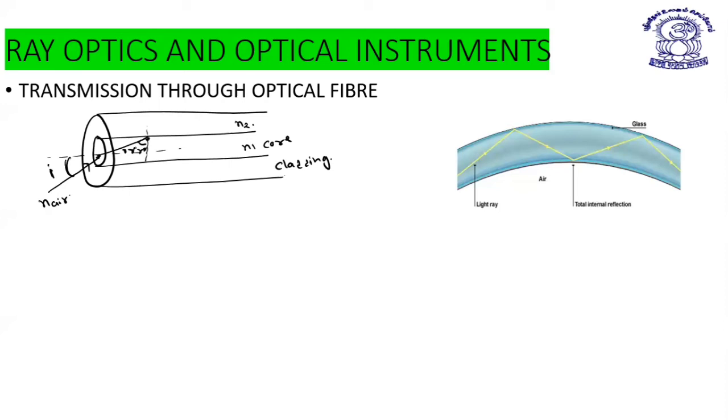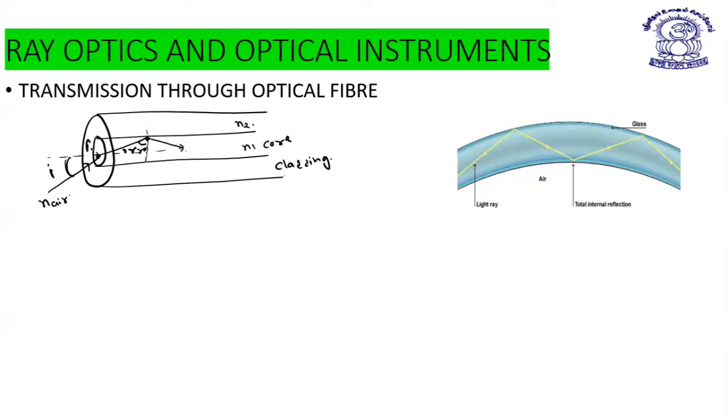At this point, R dash should be at least equal to the critical angle or more than that. Light is completely reflected, and in this way, the transmission takes place. Now, what should be the relation between N1 and N2?